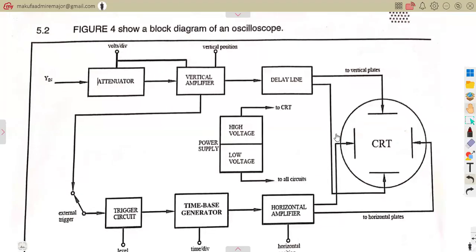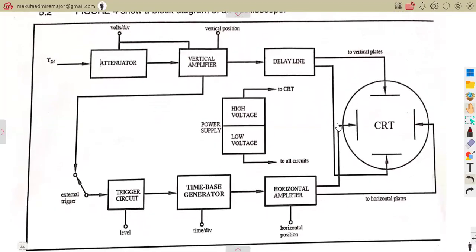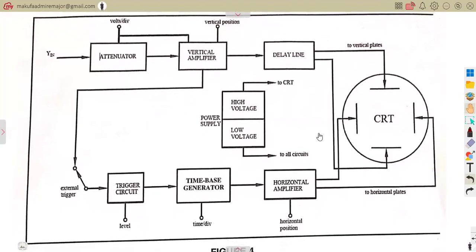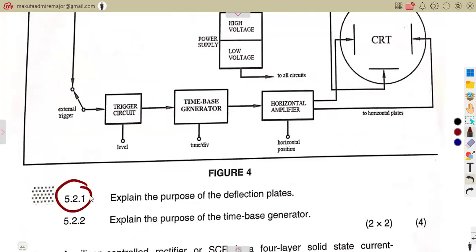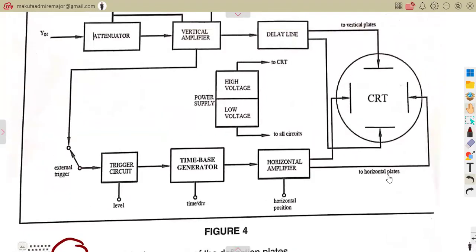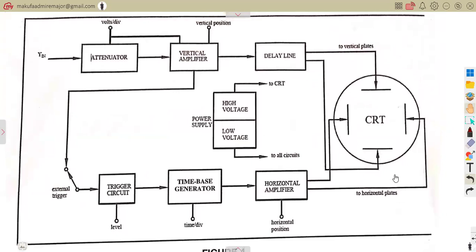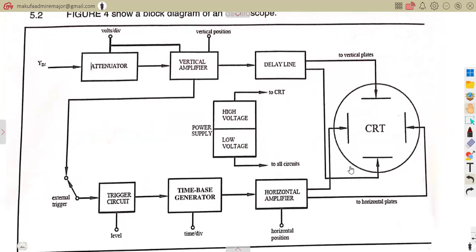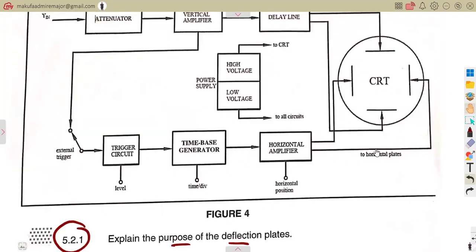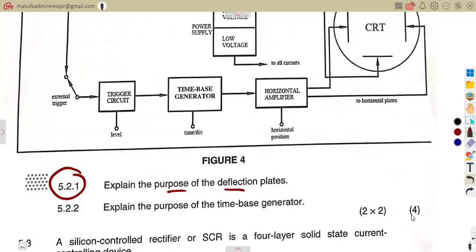Then we are given this diagram shows the block diagram of an oscilloscope. From this information, explain the purpose of the deflection plates on the oscilloscope. What is the purpose of the deflection plates on our oscilloscope? That is what you needed there. Okay, just 2 marks.